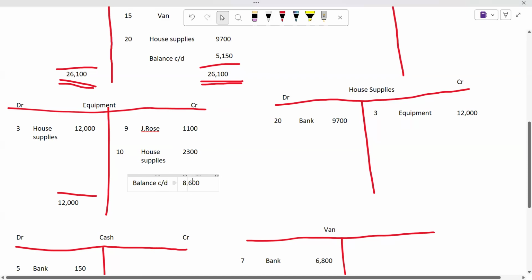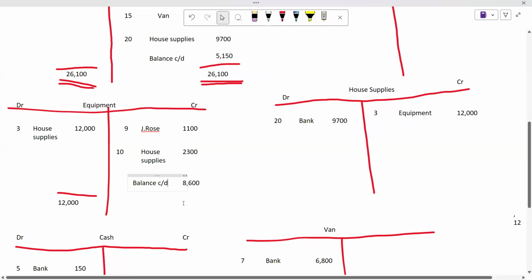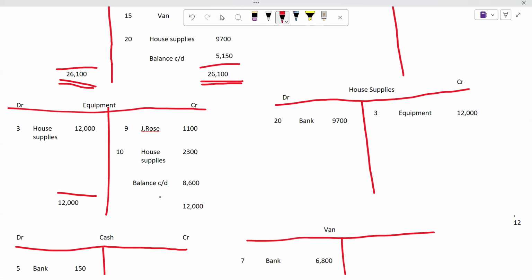And now when I sum all these three, it will be equal to 12,000. So I'm going to write 12,000 here. And now these both are equal.